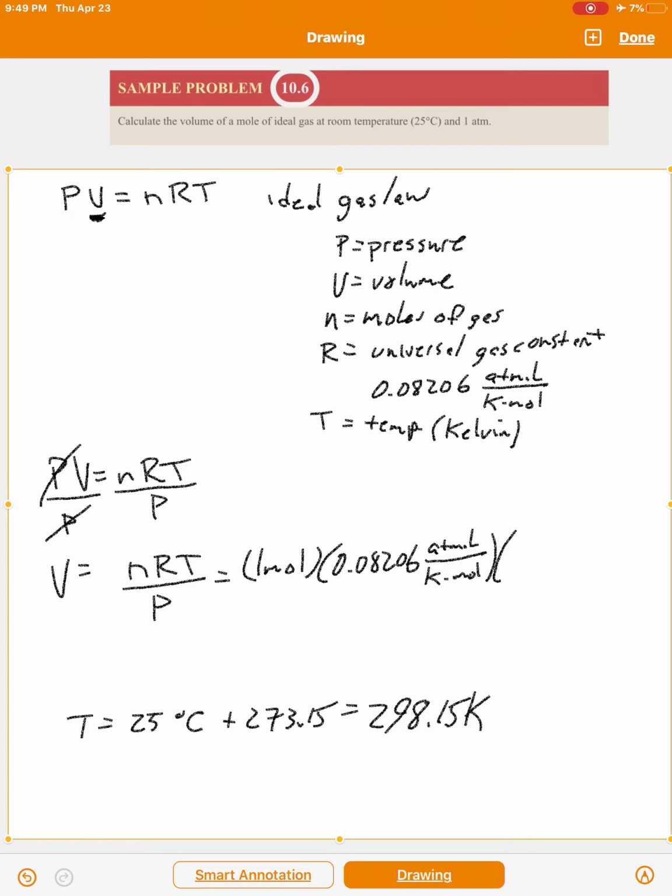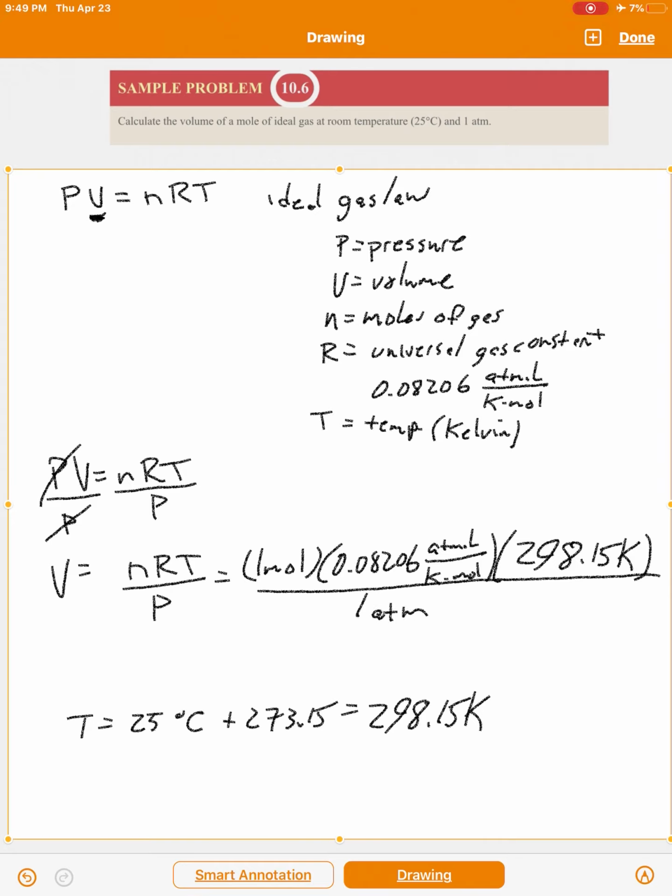You remember back in chapter 5 when we looked at the standard heats of formation, delta H of formation, and they were all at 25 degrees Celsius or 298 Kelvin. Very common temperature for tabulating data. Divide that by the pressure, 1 atmosphere.